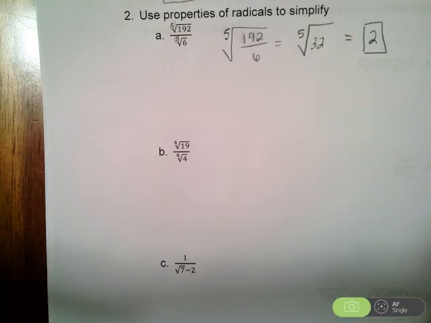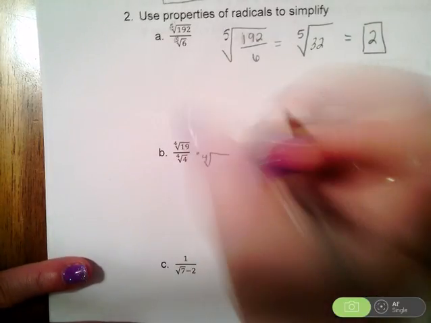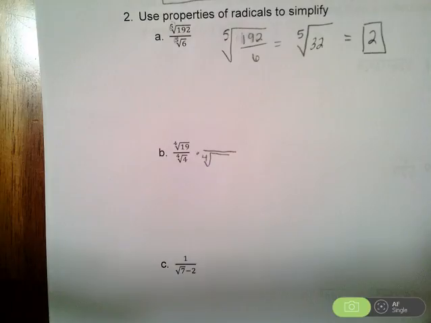B is a little different though, because 19 over 4 does not simplify. So we have to do something called rationalizing the denominator. Basically, we know that the index has to be the same. We have to somehow create a denominator that can be undone in forms of a radical. So we need to be able to fourth root something, okay?